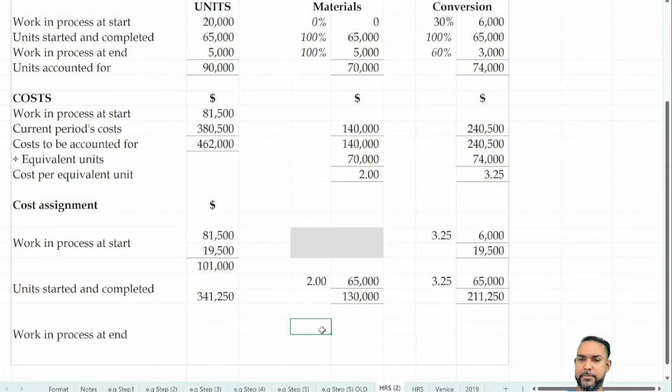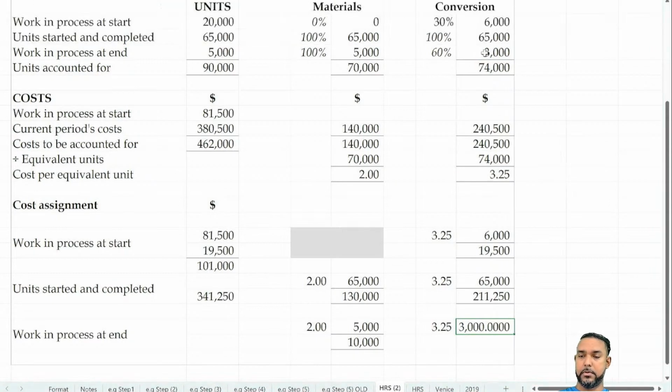Okay, cool. So it's the same two. I'll check it just now. We are pulling 5,000 because it's work in process at end. I'm just going to copy and paste that to make things a bit easier. 325, and then this would be 3,000.